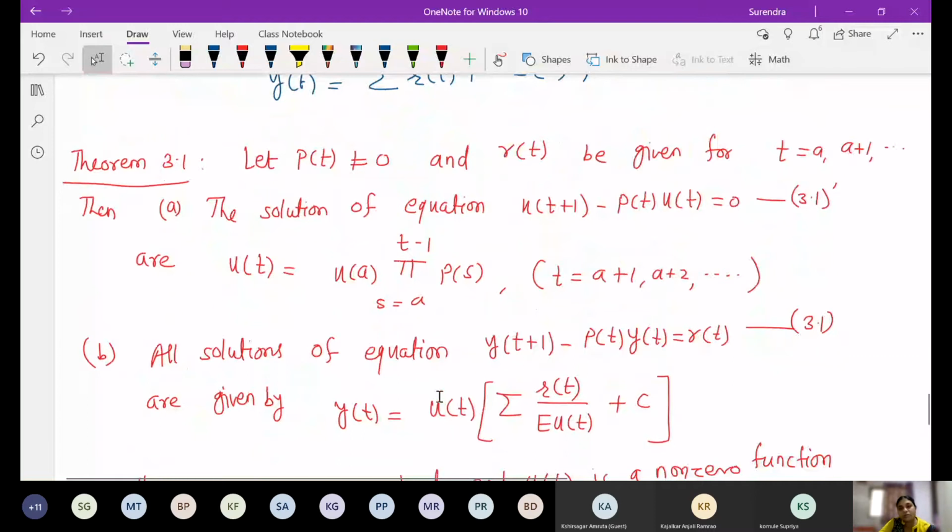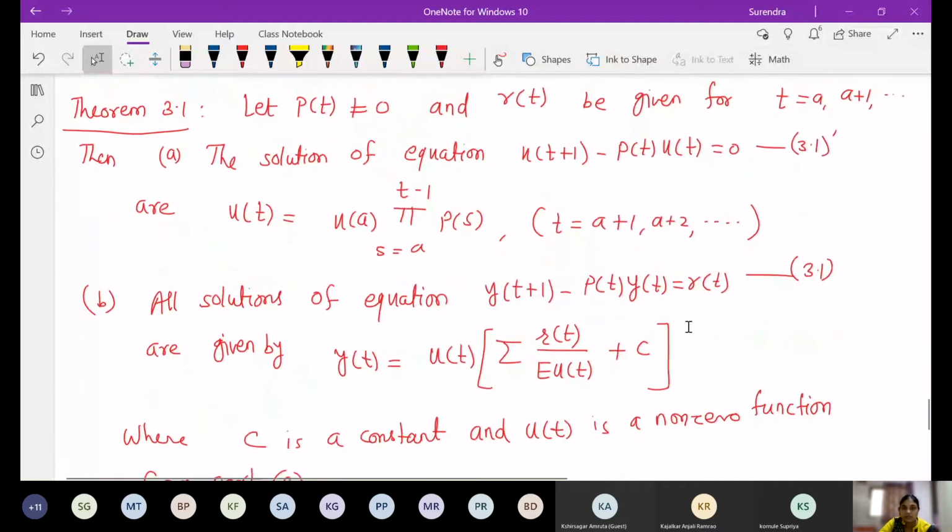So whenever we want to solve a non-homogeneous equation, first we need to solve its homogeneous part, and then using that solution we find the solution of the non-homogeneous equation. Is that okay? The same thing we do in our differential equations, right?